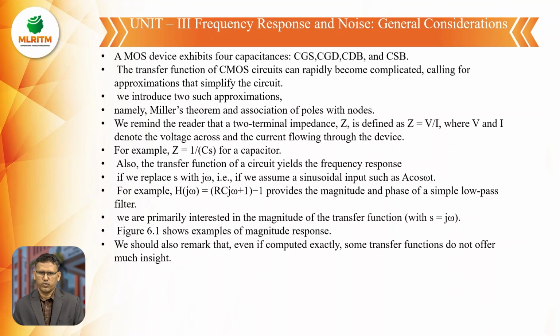In those configurations we can also observe the different capacitances generated within the material: gate capacitance, drain capacitance, gate to source capacitance, gate to drain capacitance, drain to body capacitance, and source to body capacitance. These are different types of capacitance that exist between the different layers or metals in MOS devices.